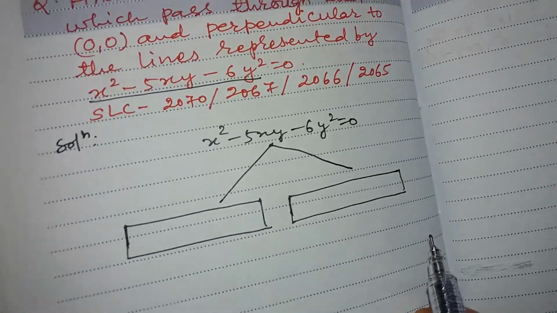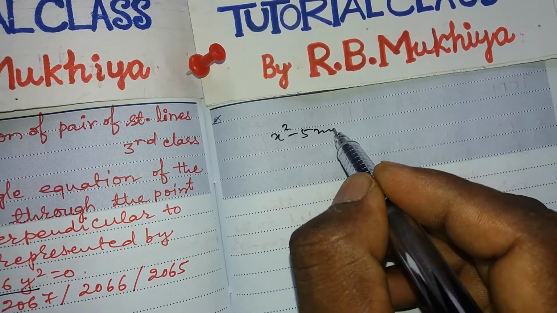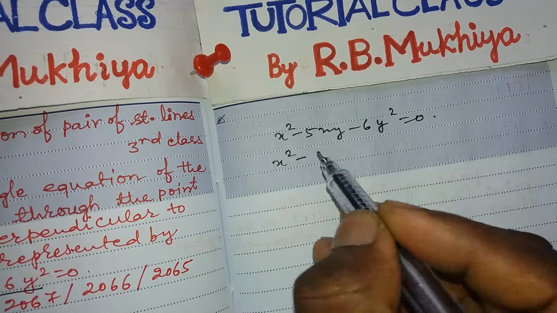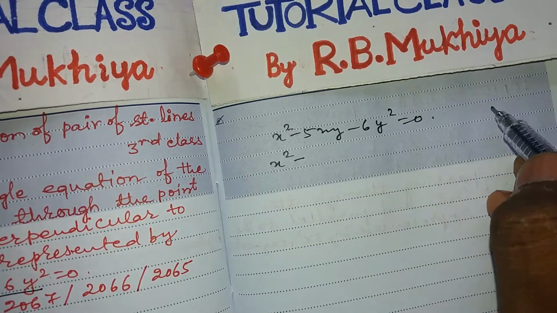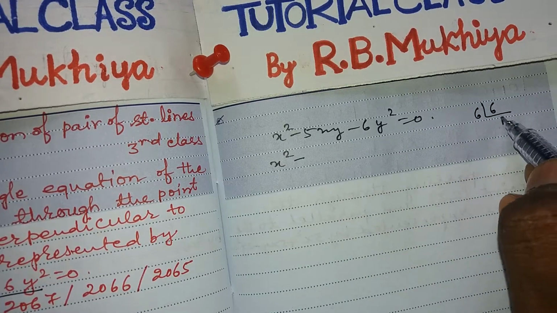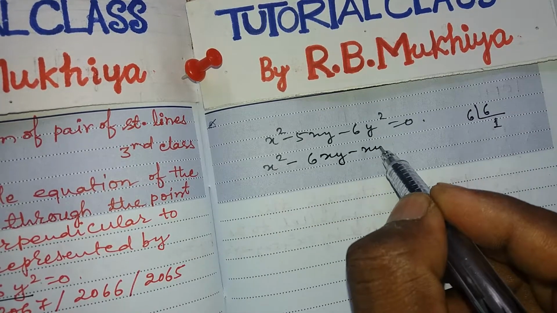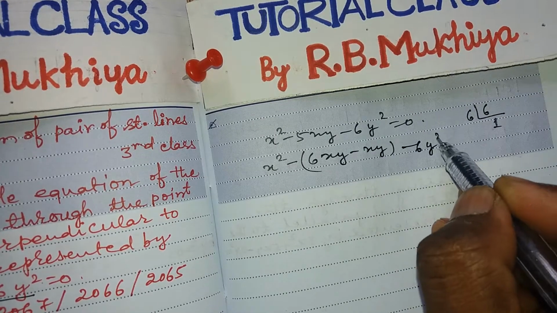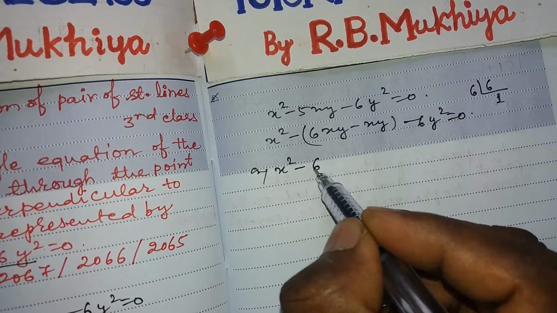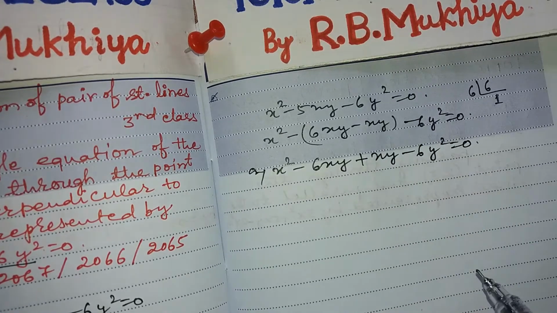The equation is x square minus 5xy minus 6y square equals to 0. Factorize it. 6 ones are 6, so it will be x square minus 6xy plus xy minus 6y square equals to 0.